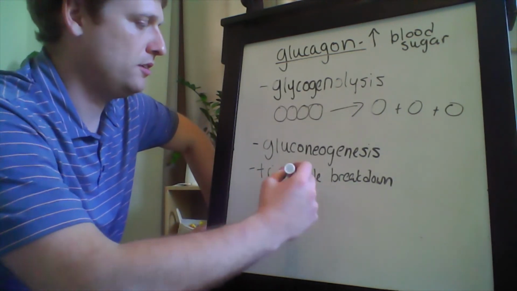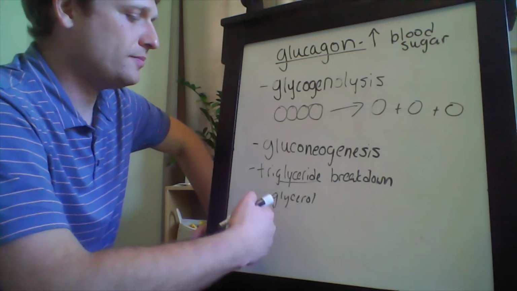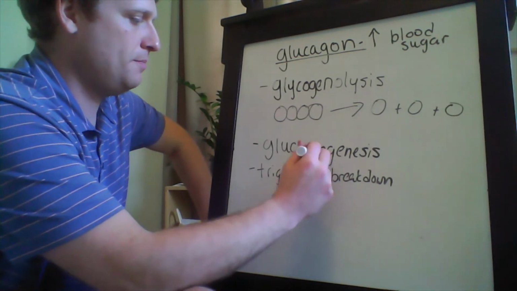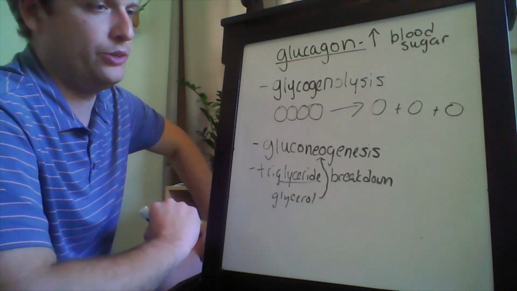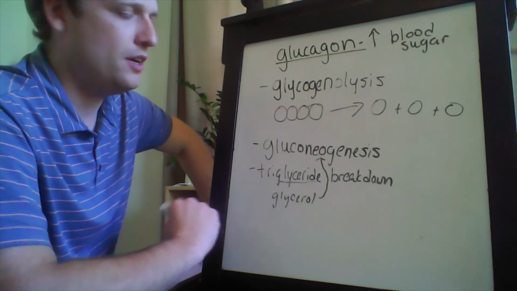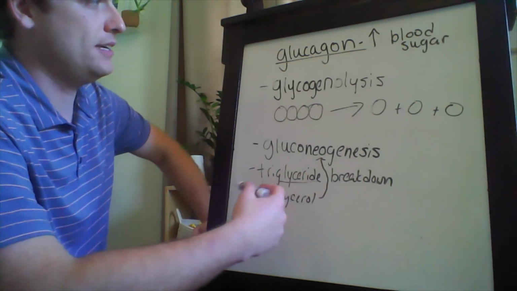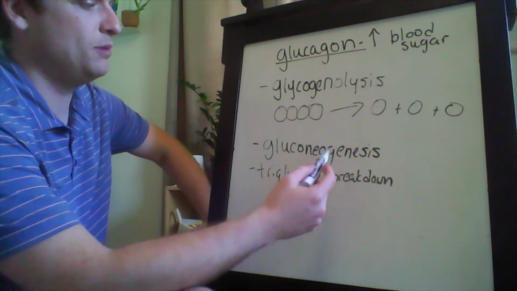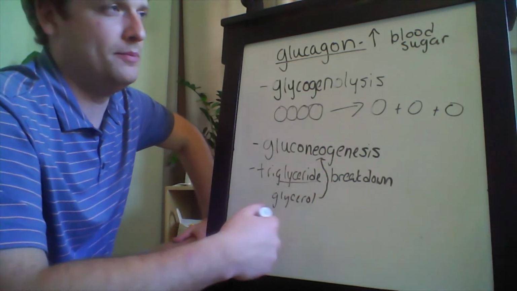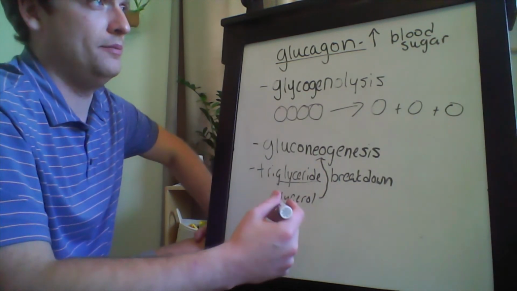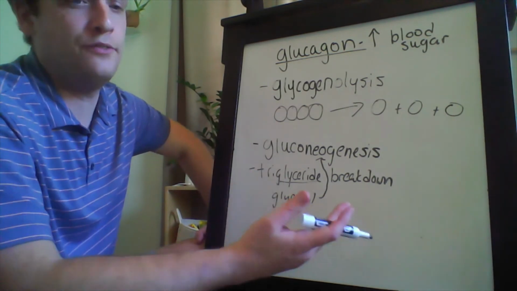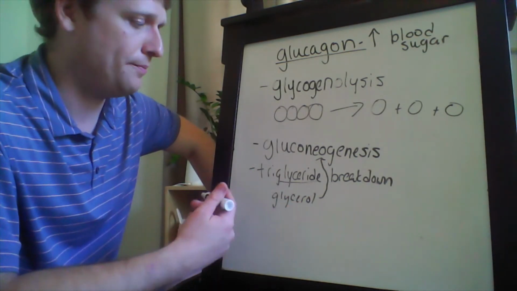And glycerol can be used through this process of gluconeogenesis. So triglyceride breakdown is another way to raise blood sugar levels, but also to account for the loss of your ability to make ATP.